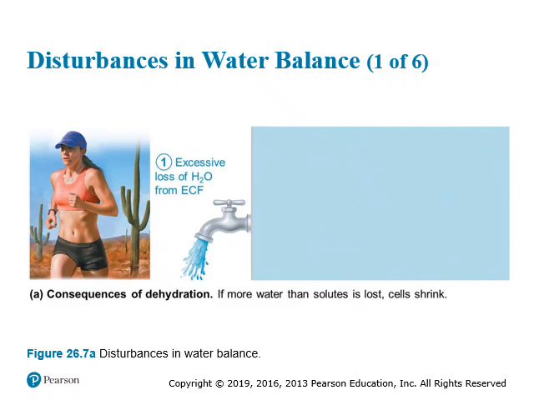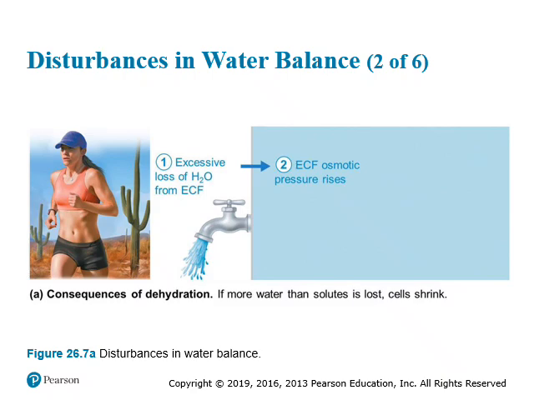So let's take a look at the disturbances in water balance. Number one, disturbances could be because of excessive loss of water from the extracellular fluid. Actually, we're talking now of the consequences of dehydration. If more water than solute is lost, remember this, then the cells will shrink.